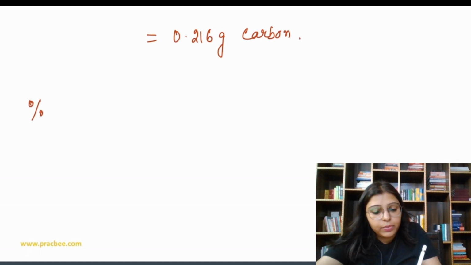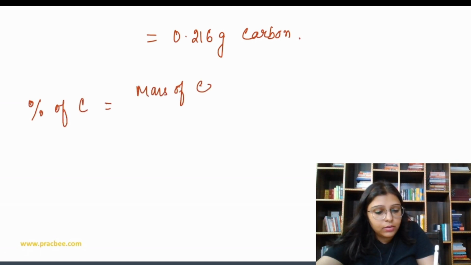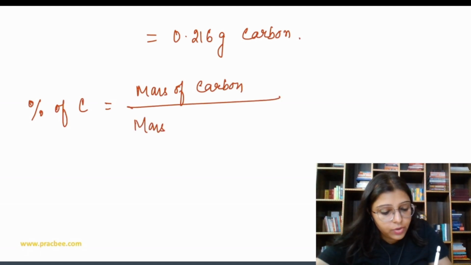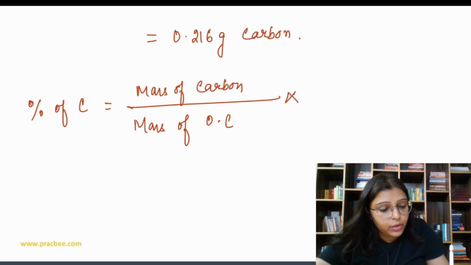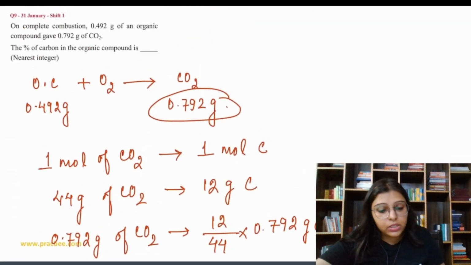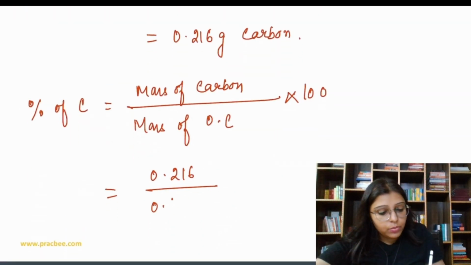Now let's calculate the percentage of carbon. It means mass of carbon divided by mass of organic compound into 100. Mass of carbon is 0.216, mass of organic compound is 0.492, into 100.